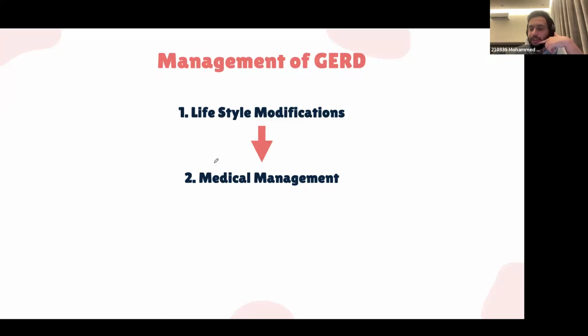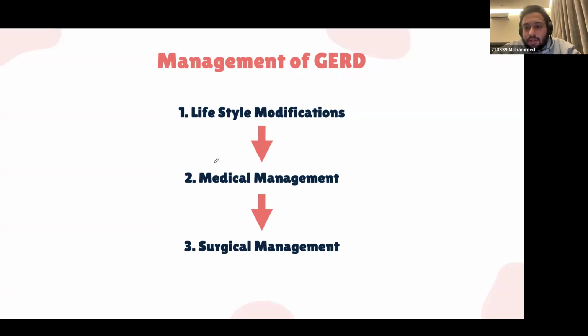If nothing's working, what are you trying to do with endoscopy? Surgery. Okay, surgical. Tamam.